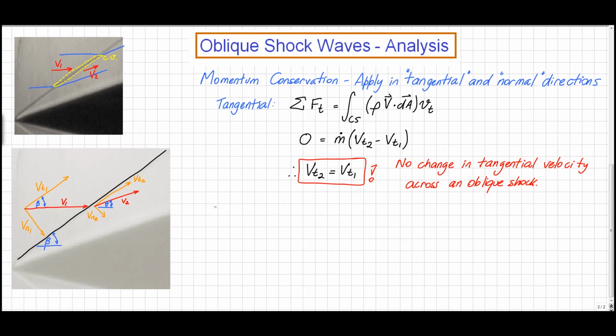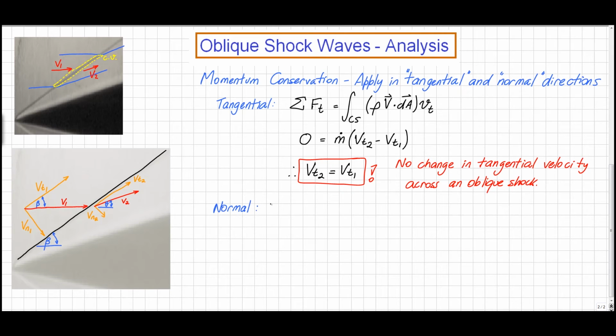Let's move on now to our conservation of momentum, and we'll look at the normal component. And again, it'll be the change in the forces are going to equal the change in the momentum flux. So the forces upstream, we've got pressure forces acting on the control volume normal to the control volume.